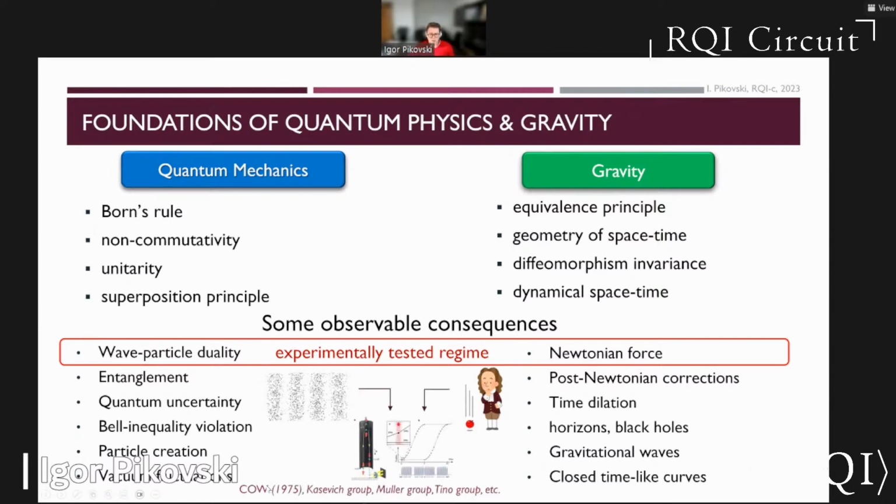This goes back to Colella-Oberhauser-Werner some 50 years ago or more. And this is exploited since then in many other setups, such as atomic fountains, the Kasevich group, Müller, Tino, and so forth. There are many, many groups working on that, also just for technology development. So this is a regime that we understand well, and that we have exact experimental input where there's no speculation needed about whether things work together or not.